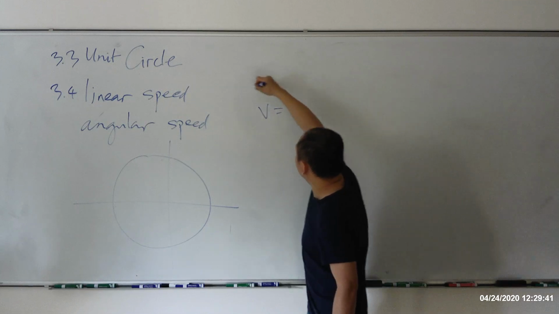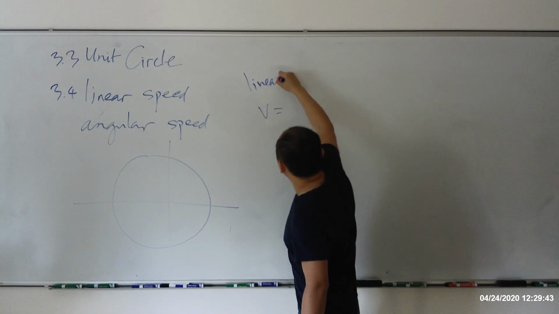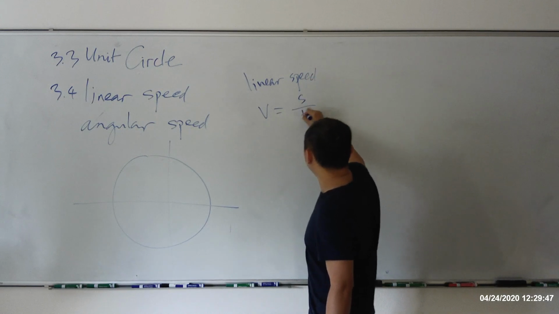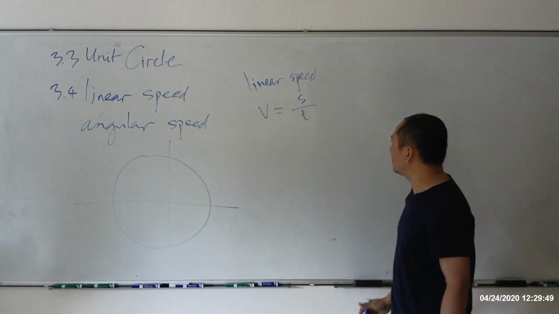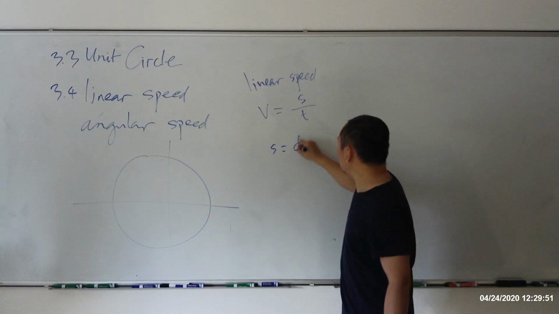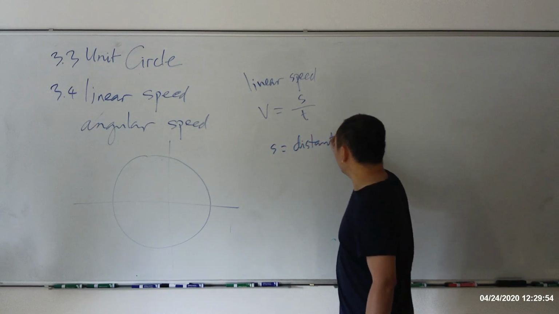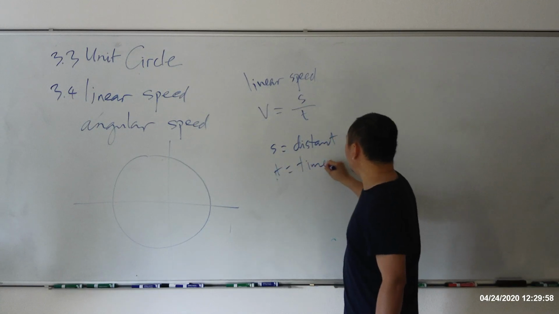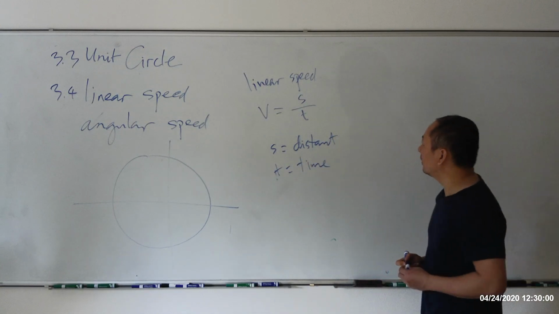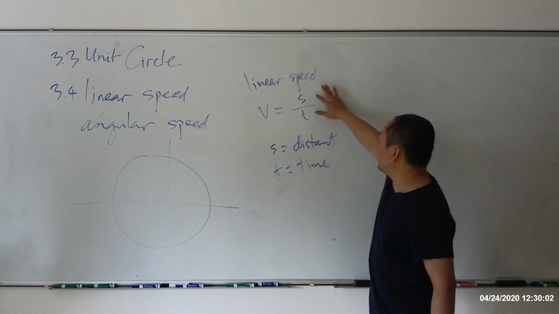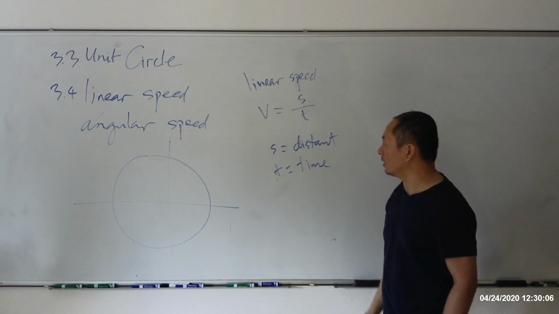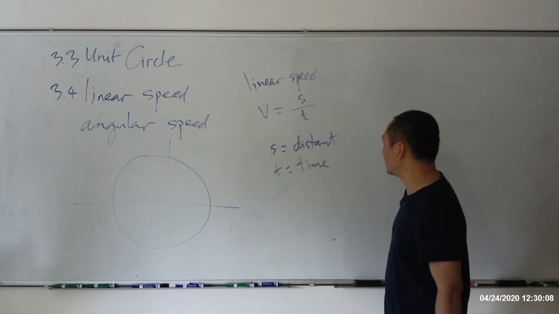V is equal to s over t, or some people usually denote d over t, where s is the distance and t is the time. It's not really a new thing, so I go fast here. Whenever you have a distance, you divide by time, and you have the velocity, what we call speed.